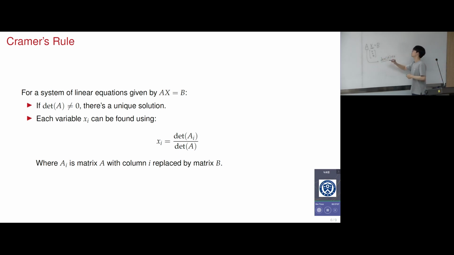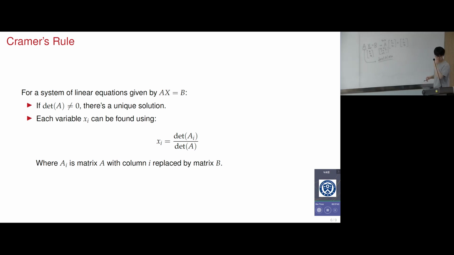So for example, X is x1, x2, x3, and B is y1, y2, y3. For this example, let's suppose A is a 3 by 3 matrix: a, b, c, d, e, f, g, h, i.